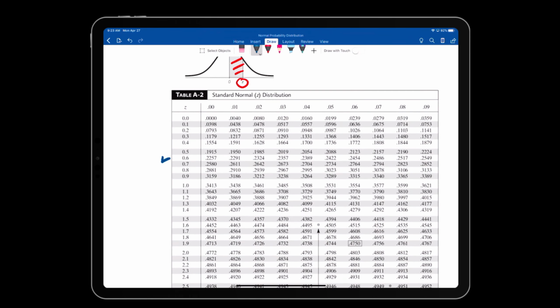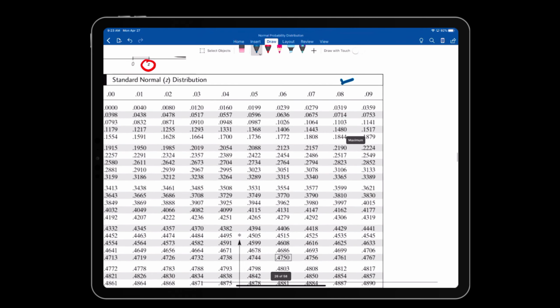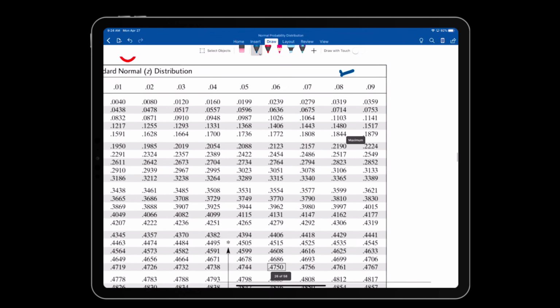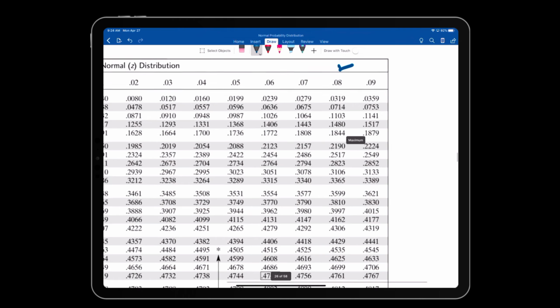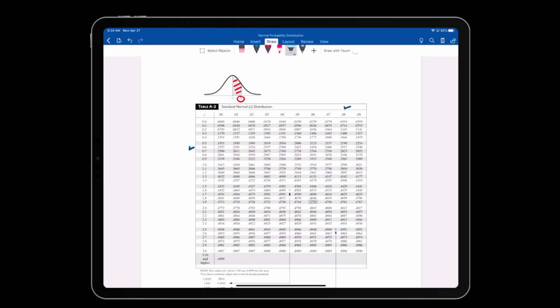But we also need the 0.08 column. You say, where's the 0.08 column? Well, it's over here in the corner, 0.08. So you say, well, how do I find that? Well, take the 0.6 row with the 0.08 column. We got to see what's in that intersection.